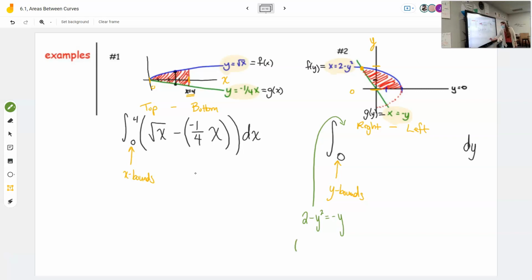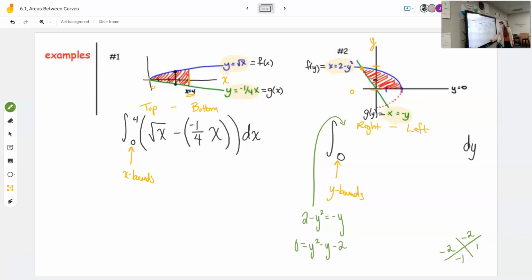So then I have 0 is equal to y squared minus y minus 2. Is that something I can factor? What multiplies to be negative 2 and adds to be negative 1? That's negative 2 and 1, right?